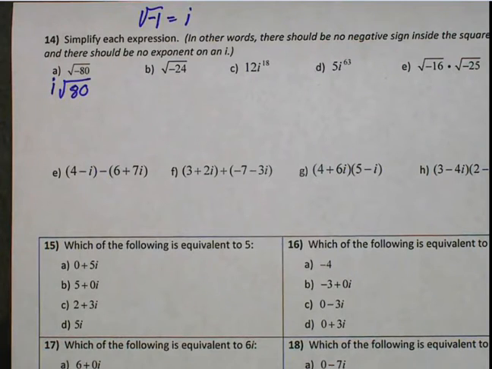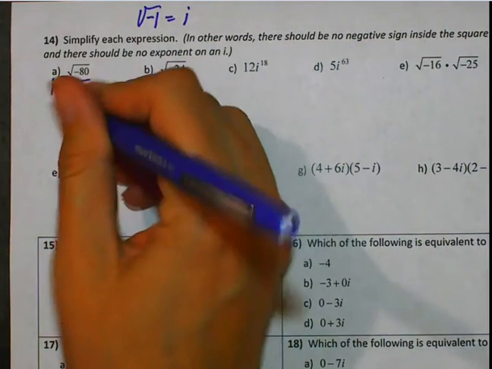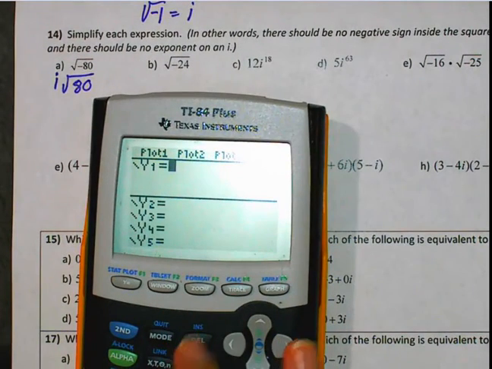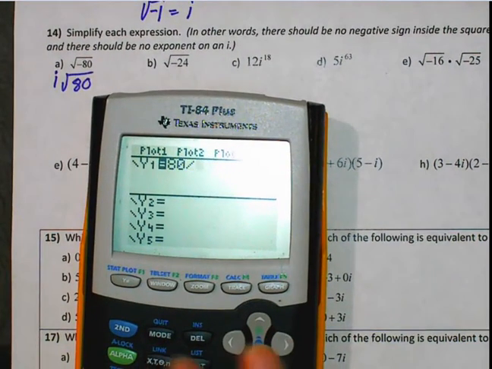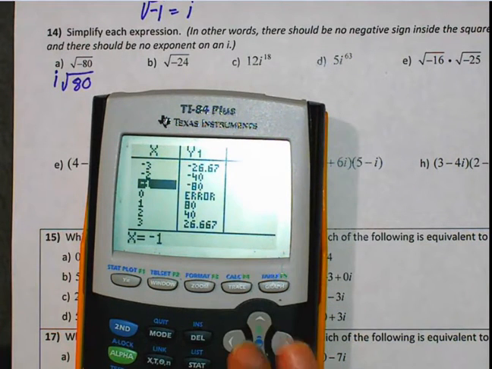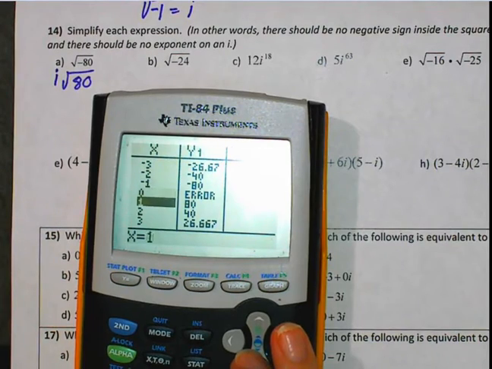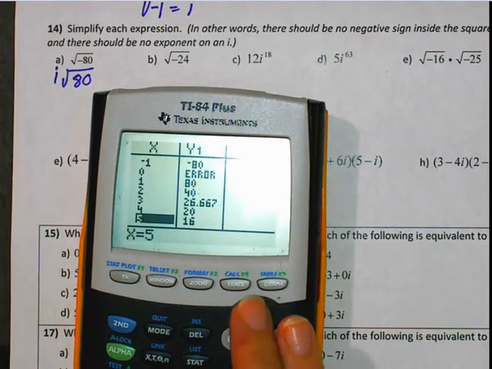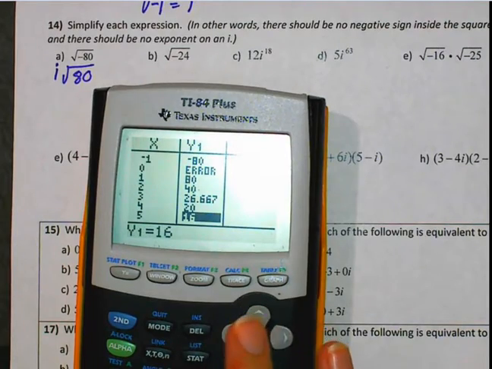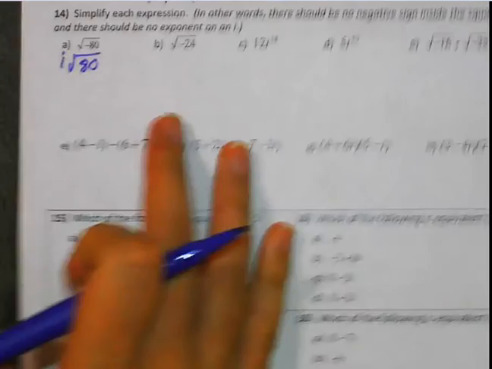Okay, so we are looking for factors of 80. If you don't know factors of 80, the calculator will do that for you by doing 80 divided by x. Go to your table, and these are all factors of 80. I always like to look for the perfect squares because that makes it a lot simpler. See how 5 and 16, and you know 16 is a perfect square. So that's where I'm going to start.